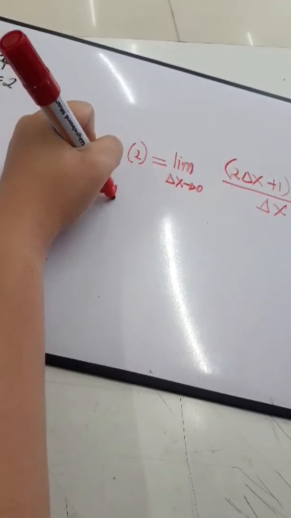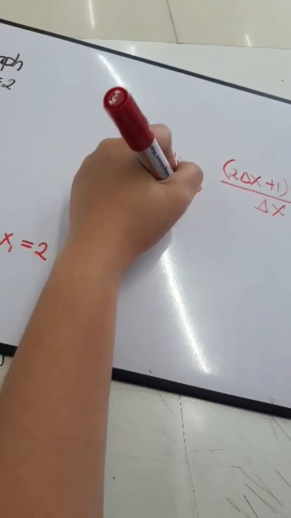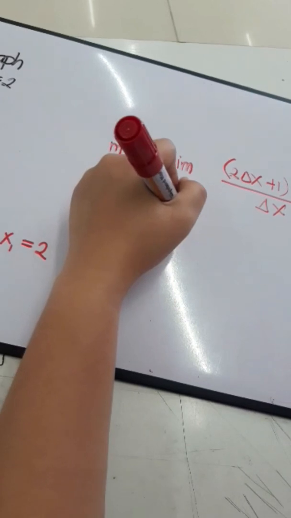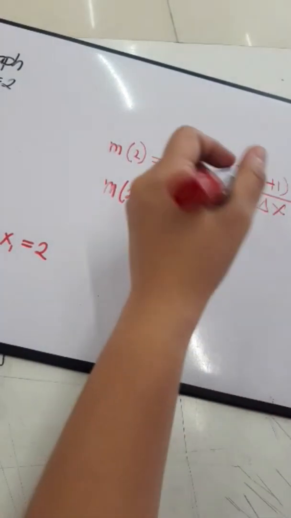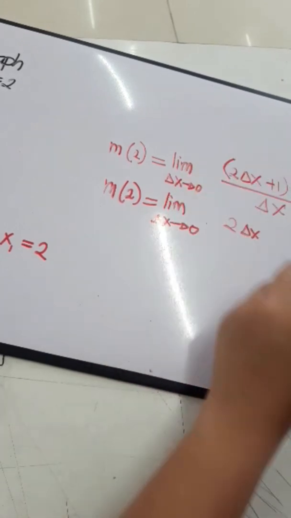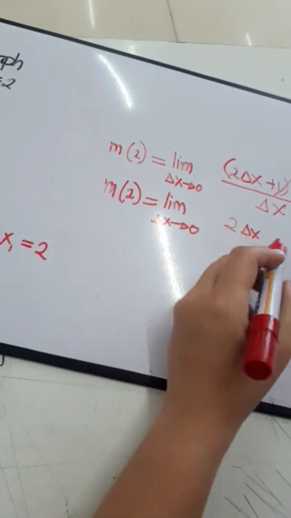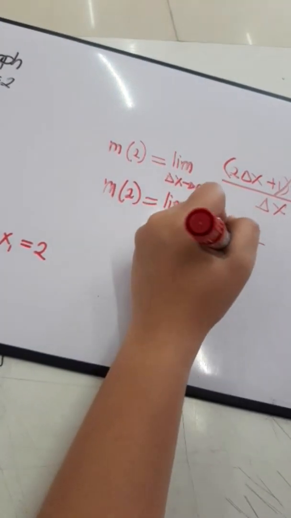So the slope at x equal to 2 is equal to the limit as delta x approaches 0. 2 delta x plus 1 minus 1 will become 0, so we have 2 delta x over delta x.